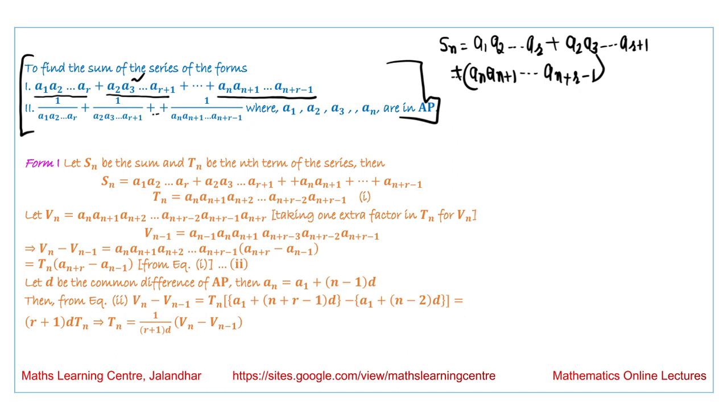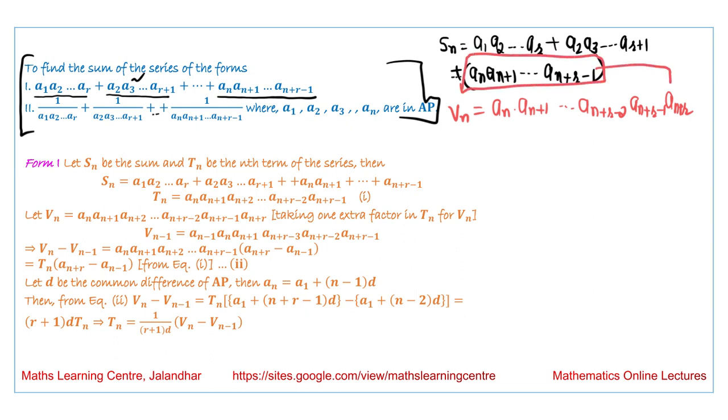Now let us suppose that the value of Vn is equal to an, an plus 1, and so on up to an plus r minus 2, an plus r minus 1, and an plus r. Look at this nth term over here.